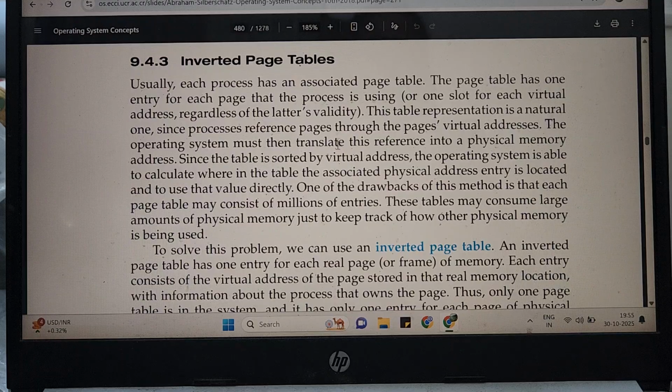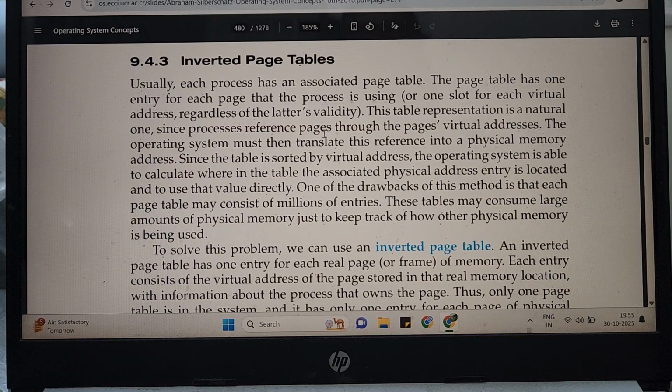Let's say millions of entries. Whereas if you draw a table for every frame of your main memory, you're going to have fewer frames. For those frames, you say this frame is occupied with this page of logical memory.